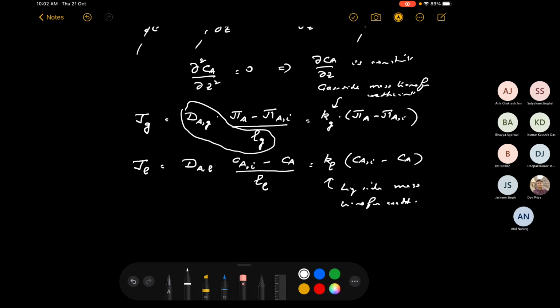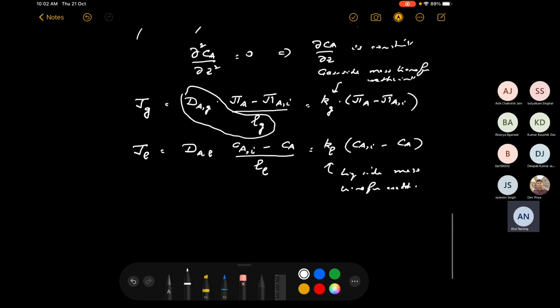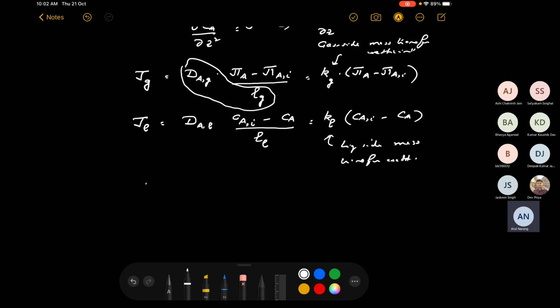Okay. And so what are the units? You can see that, take the case of Kg, which is defined as DAG divided by Lg. Diffusivity has the units of meters square per second, and this has units of meter.